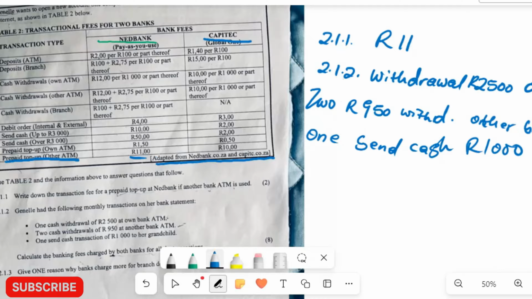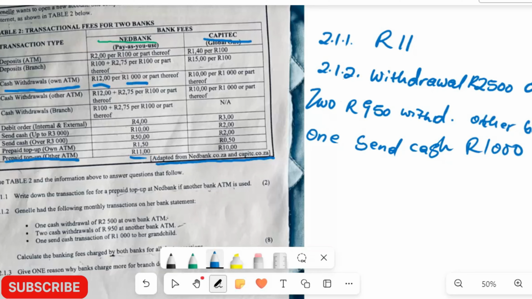So let us compare this. One cash withdrawal of 2,500 rands at your own bank. So if you withdraw at your own bank for net bank, they will charge you 12 rands per 1,000 rands or part thereof.